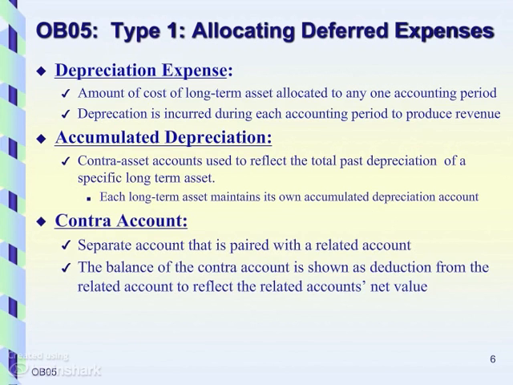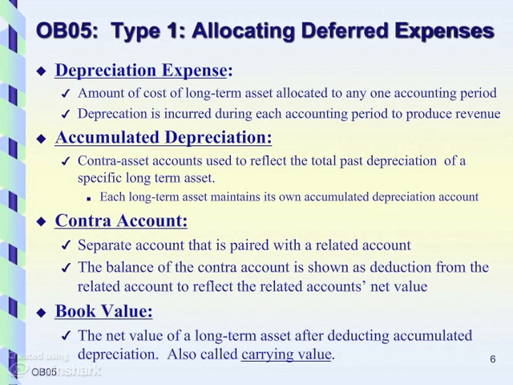The contra account is shown as a separate account, and it reflects the balance and is shown as a deduction from the related account to ultimately determine a net value for that particular asset. The net value is reflected as what we call the book value or carrying value.